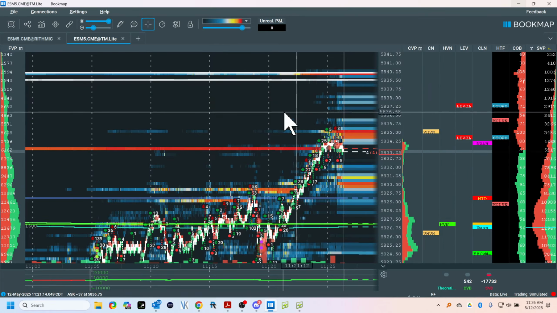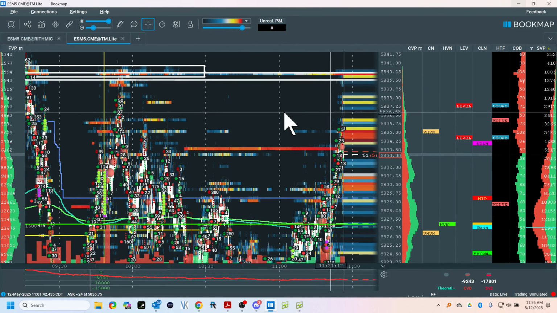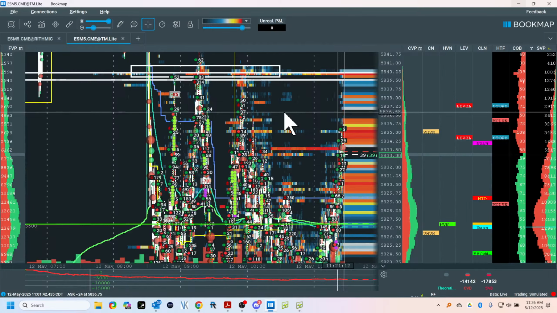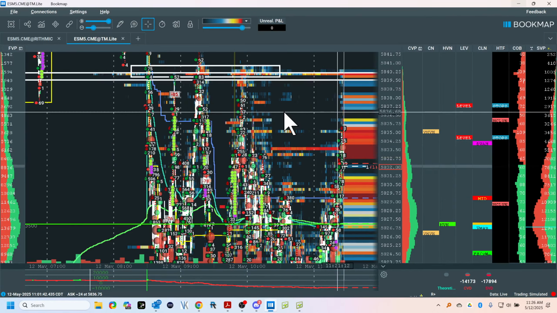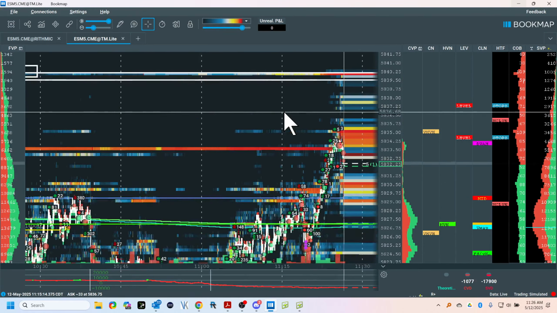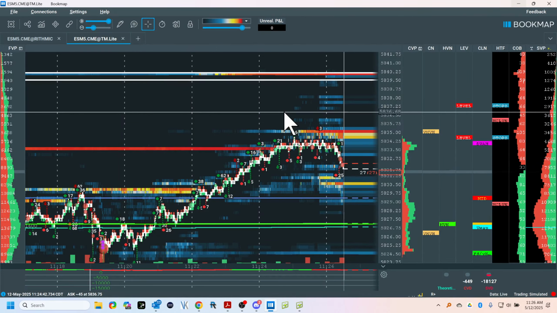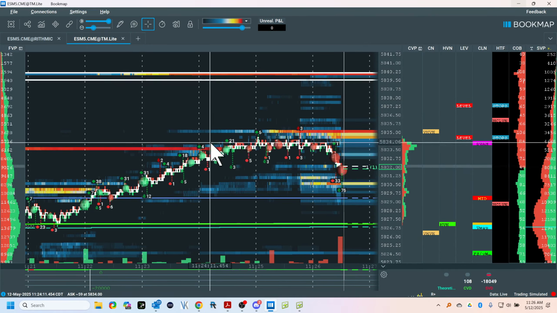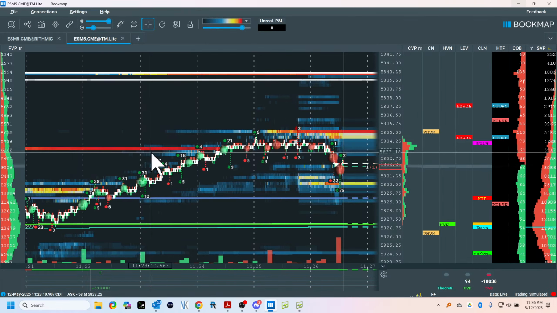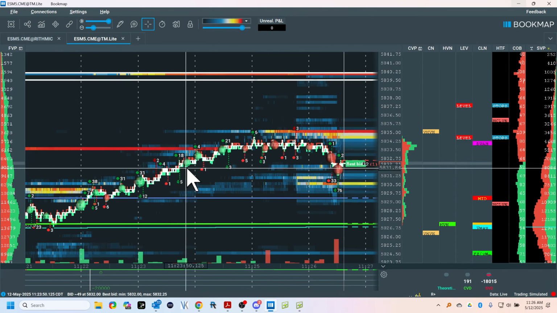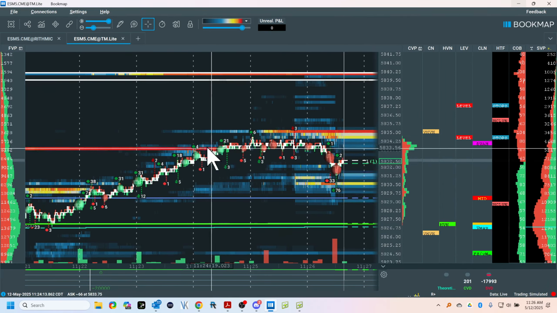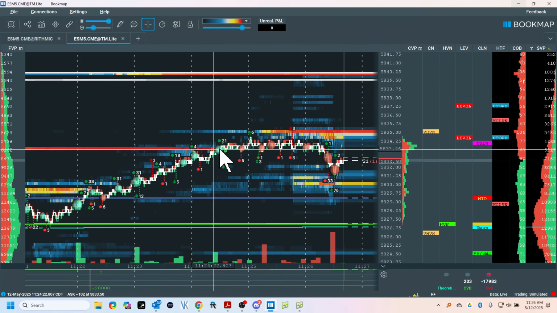Let's try to look a little further here now. Here you can see the buyers. This is an important location. We have liquidity here.